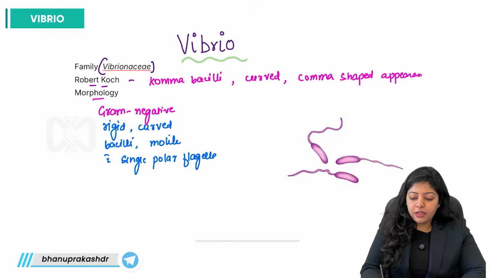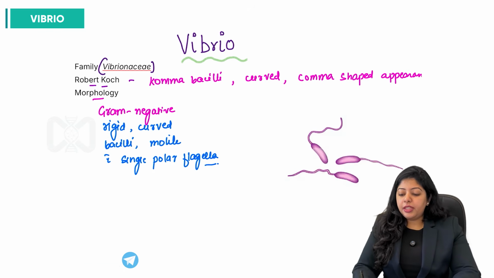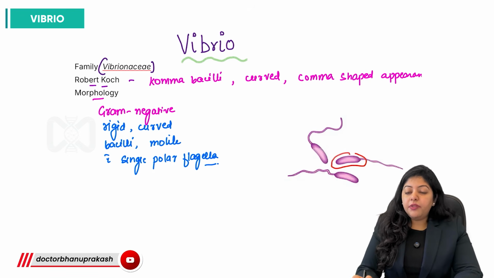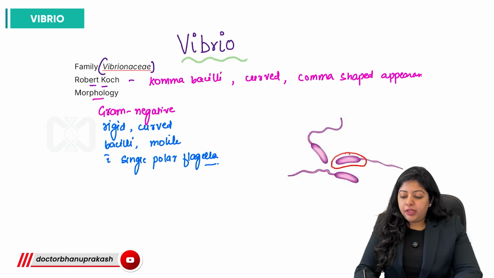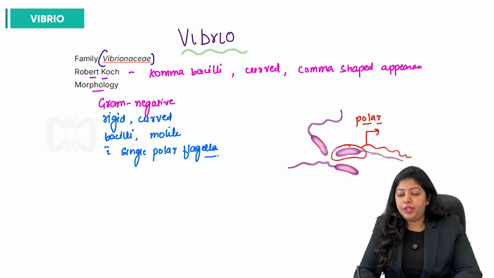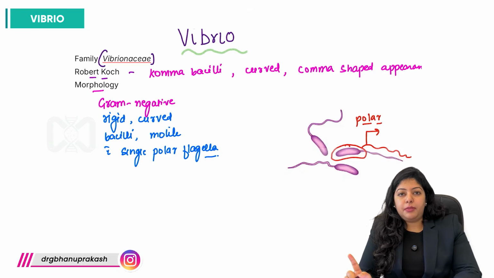Right? So can you appreciate this in this particular image? This curved nature of the bacilli as well as a flagella coming from its pole. So it's a single flagella helping the bacteria in its motility, one flagella coming out from one side or one pole, right?